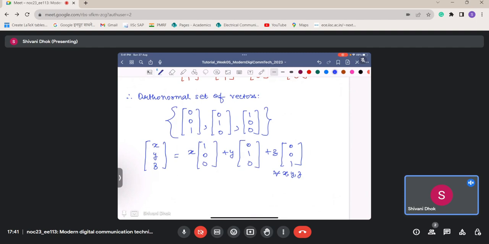So this is a very peculiar basis, and this is always a basis, and therefore this set is known as the standard basis of a vector space whose dimension is 3, that is, a 3-element vector space.